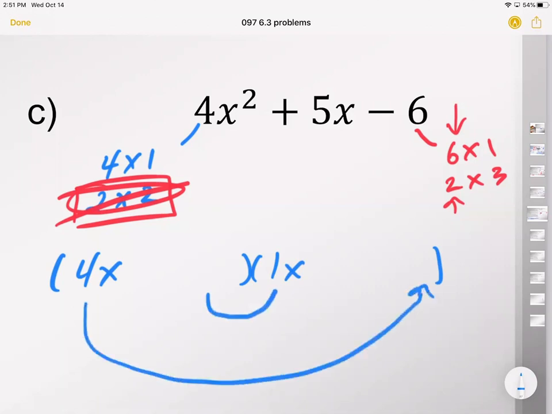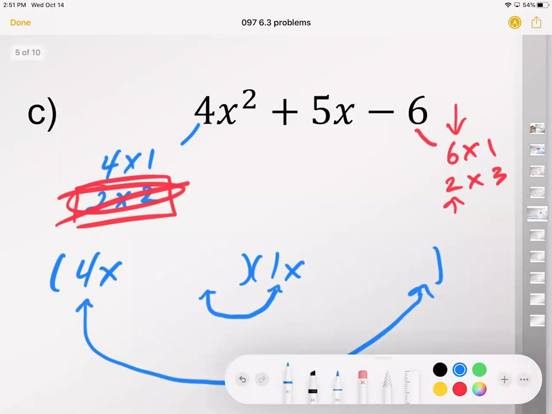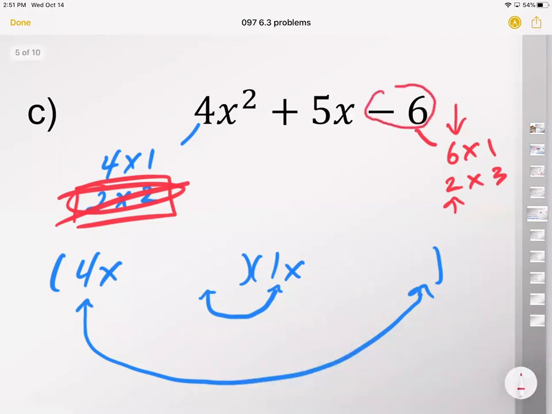So now, if I use the 4 and the 1, and this is my thought process, I need to fill in the multiples so that when I multiply the 2 numbers, I need to subtract to give me the middle term.